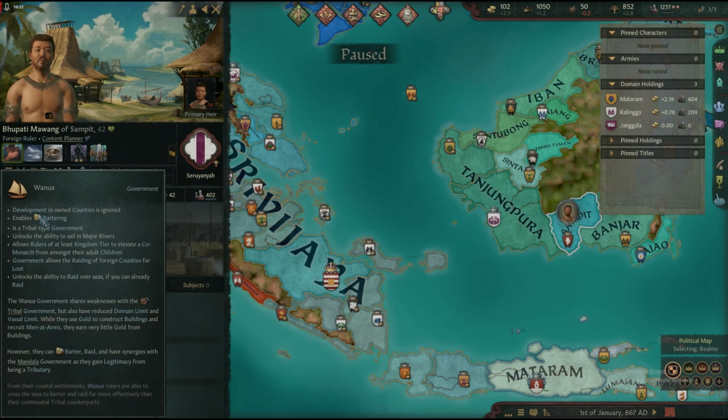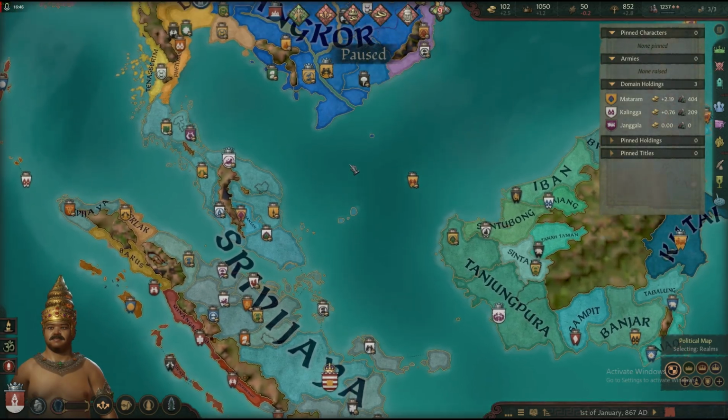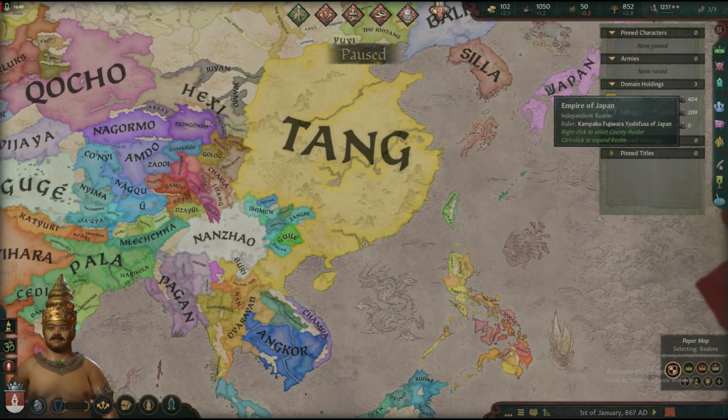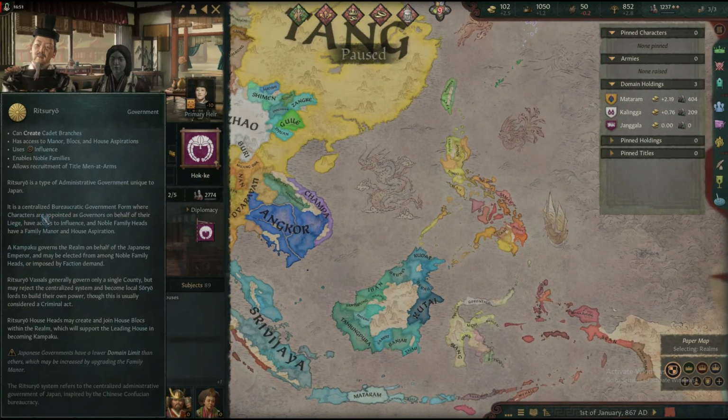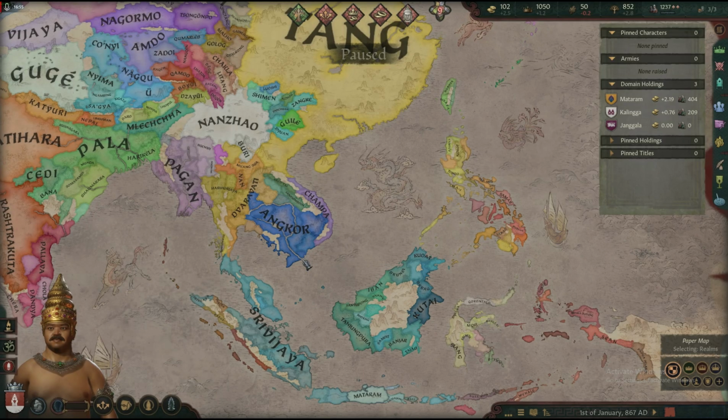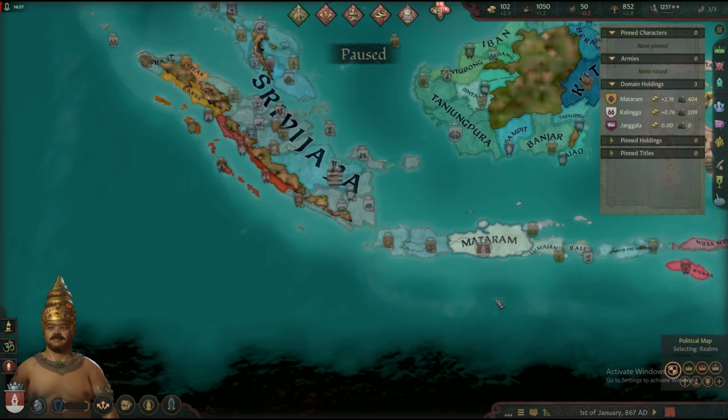I probably am going to do adventurers after I finish up with the Japanese government. But they gain legitimacy from being a tributary to Mandala governments. And the Japanese government is the last one we need. We're going back to the whole administrative government type, but there's some differences. You'll see once we get there.